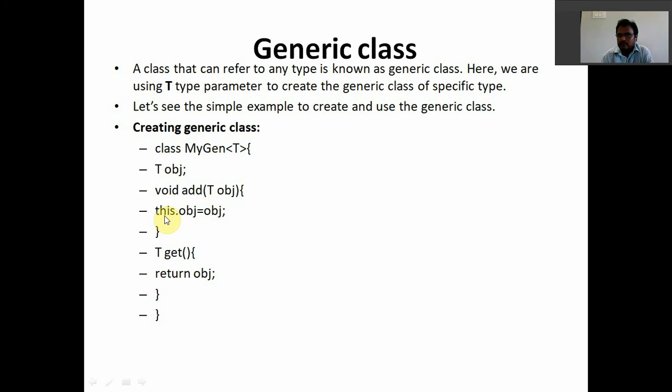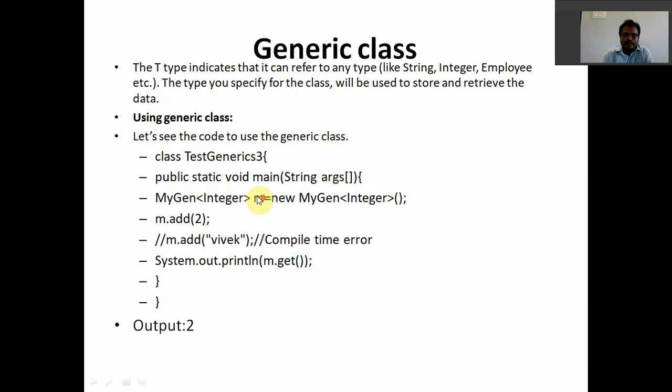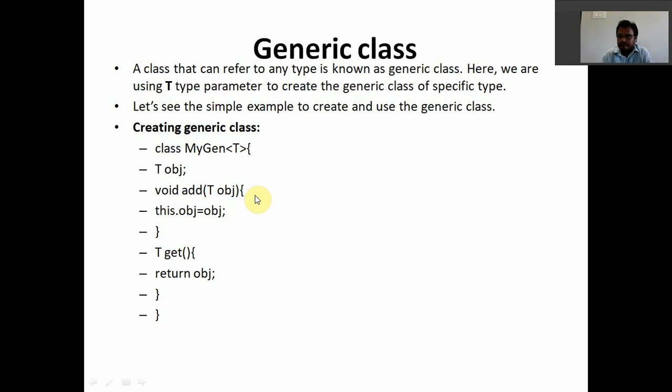How to differentiate them? This dot obj means this local method level variable is assigned to the class level object. Next, whenever we are getting a value from the corresponding T class object, the get method return type is T, the class type. We retrieve the class type objects, so that is return obj. I think all of you understood this concept, right?